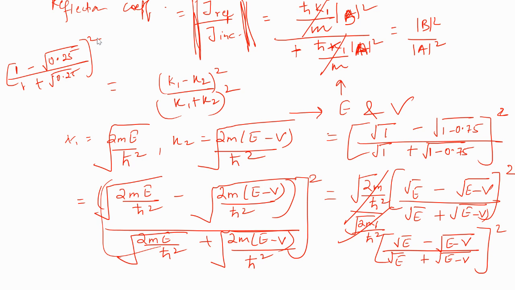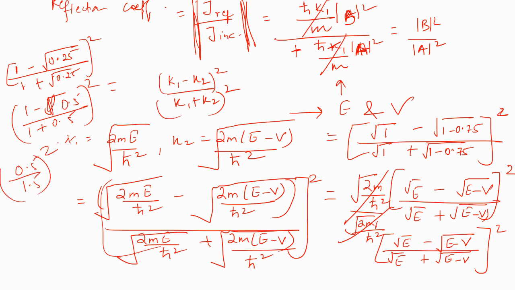Root 0.25 is equal to 0.5. So this one is 1 minus 0.5 upon 1 plus 0.5 whole square. So this is 0.5 and this is 1.5 whole square.